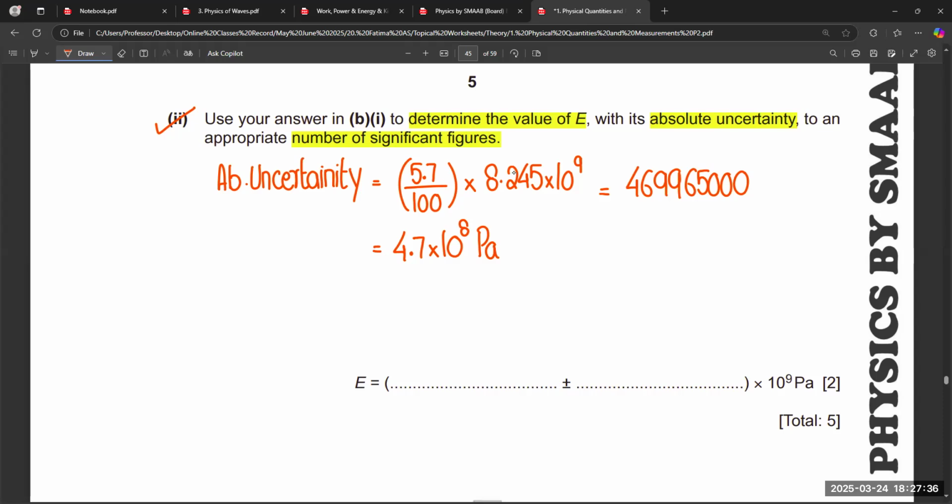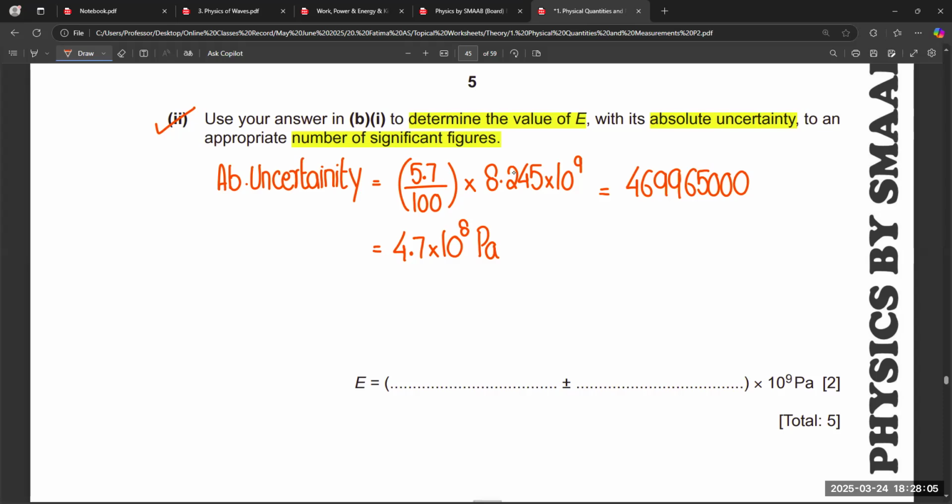So 15 out of 300, so 15 is the uncertainty out of 300. So this is the meaning of absolute uncertainty. It means the exact value from the original value, right? So the original value is 8.245 times 10 to the power 9 and 4.7 times 10 to the power 8 is the value of uncertainty from the original one, right?